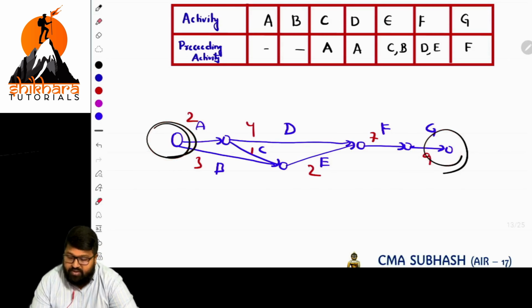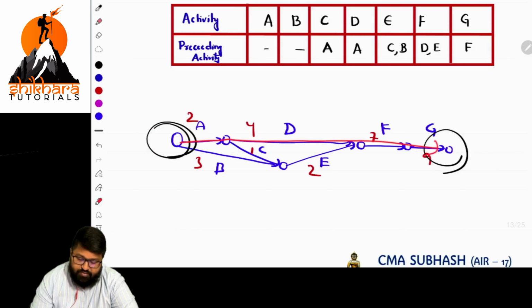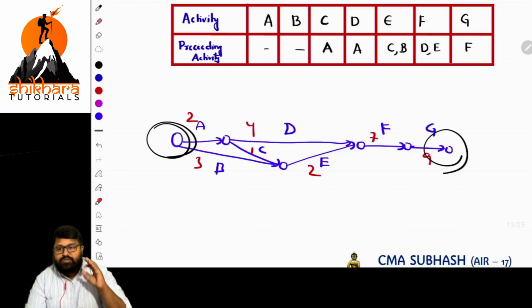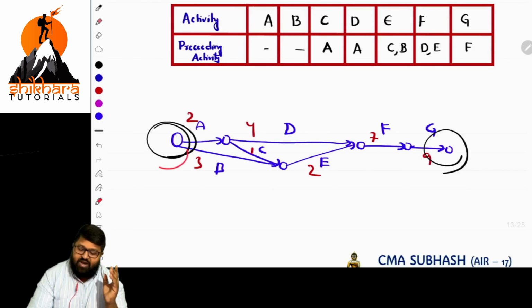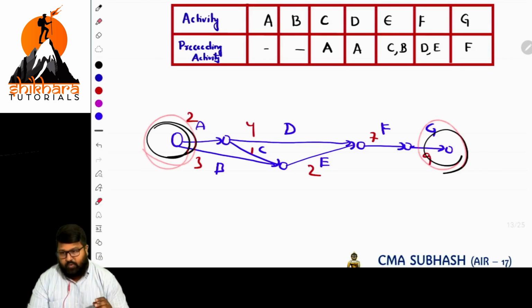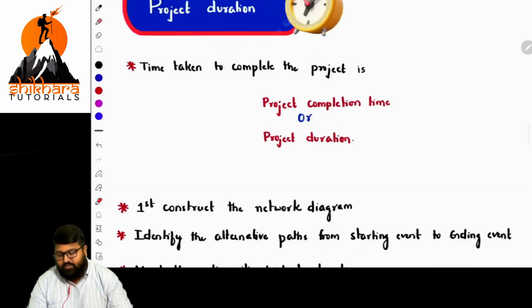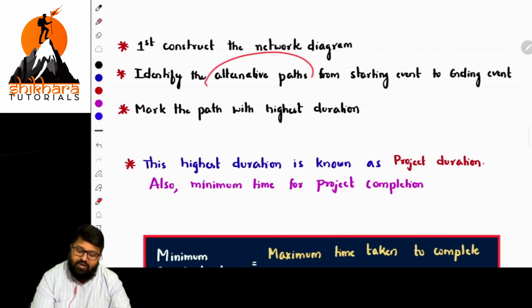That is important. So this is one path, this is the other path, and this is the third path. Totally three paths are there. So identify the number of routes from the starting event to the ending event. That is the basic thing.